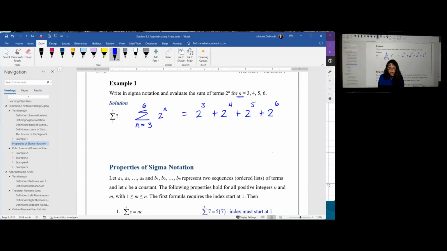When we do this, we end up with the value of 8 plus 16 plus 32 plus 64, which gives us a sum of 120.